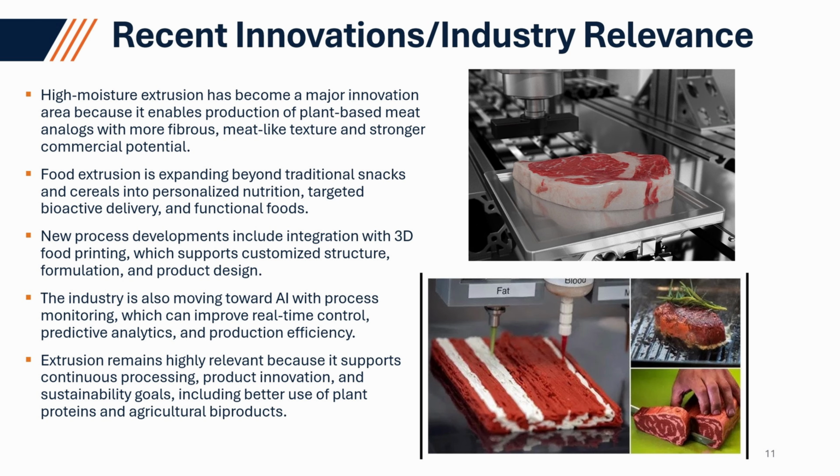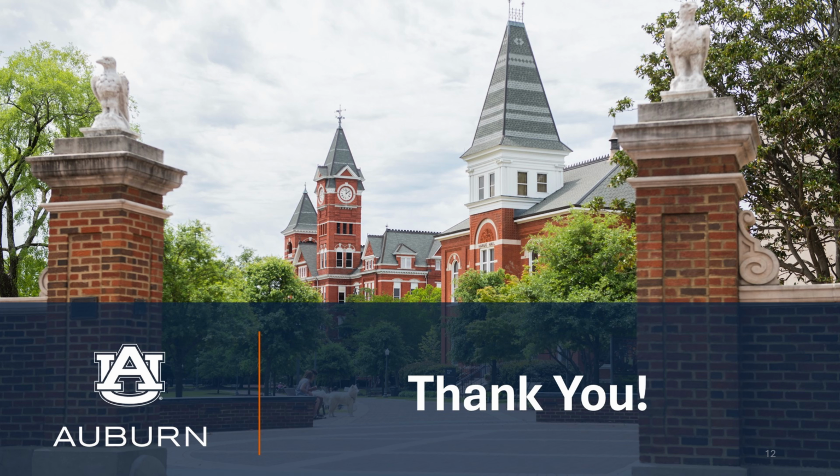In conclusion, food extrusion is a highly versatile and efficient thermochemical processing method that plays a major role in food manufacturing. It combines material transport, heat transfer, compression, shear, and die shaping into one continuous process. As a result, it can produce a wide range of food products with high throughput and strong process flexibility.